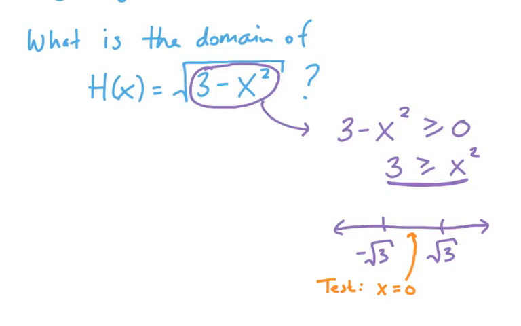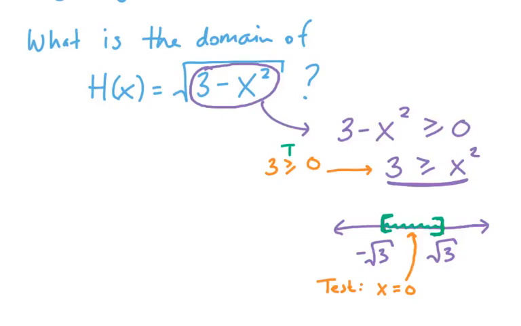So if I test x equals 0, that means, is 3 greater than or equal to 0 squared, which is 0? Is that a true or a false statement? So is 3 greater than or equal to 0? Yes, so that's true. So because that's true, that means it's the interval in between these radicals that the domain can accept.